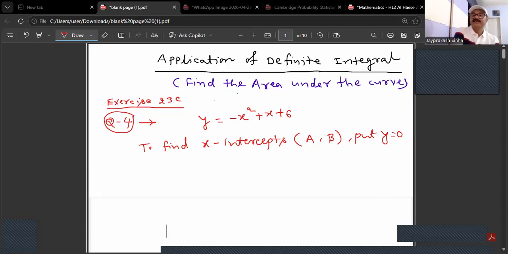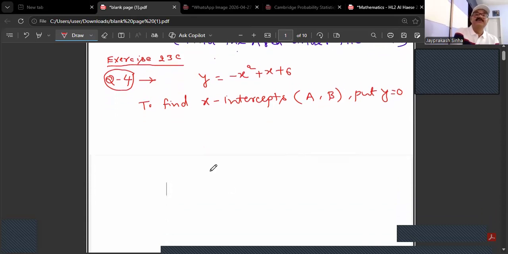So we'll put minus x square plus x plus 6 equal to 0. The same expression we can write as x square minus x minus 6 equal to 0.